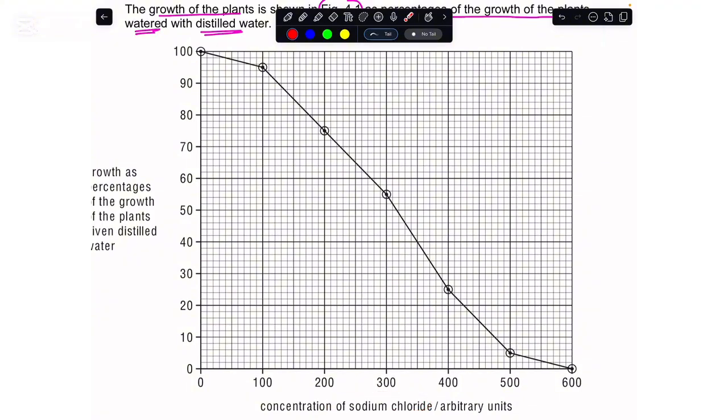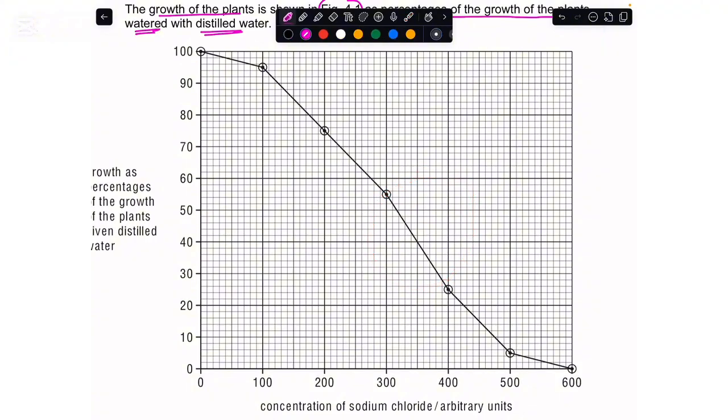Here, at 300 to 400, the decrease in the growth is faster. Although the decrease is there at other points of the graph, it is not as steep as in this part of the graph.